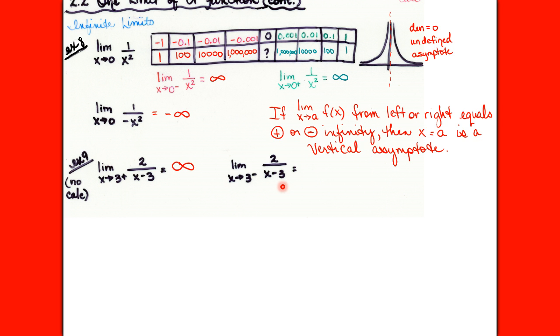And if I do 2.99 minus 3, that'd be a negative 0.01. 2.999 minus 3, negative 0.001. So again, my numerator is staying the same and my denominator is getting smaller and smaller in size, 0.1, 0.01, 0.001. So the overall fraction will still be getting infinitely larger without bound. But because this was a positive divided by a negative, then I would get a negative infinity for that limit.